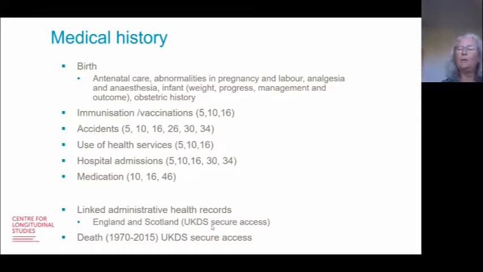And in both child and adulthood, there's information on accidents, hospital admissions and medication. In addition to that, this is supplemented by linked administrative health data, which is also available. There are health records in England and Scotland, and there are also records of deaths of cohort members from 1970 to 2015, and the death records will be updated and made available in due course.